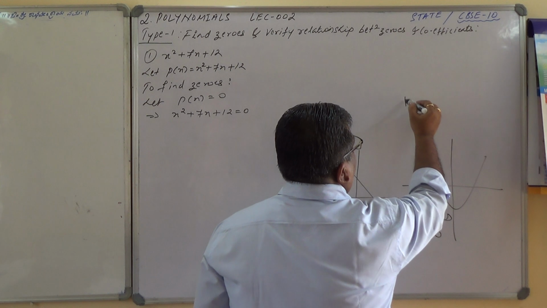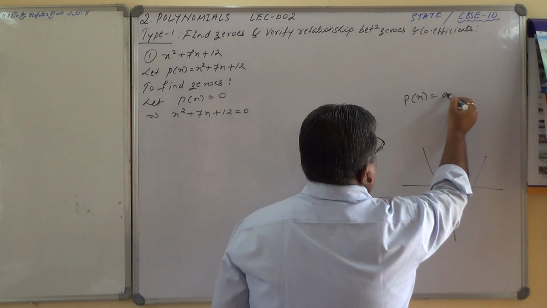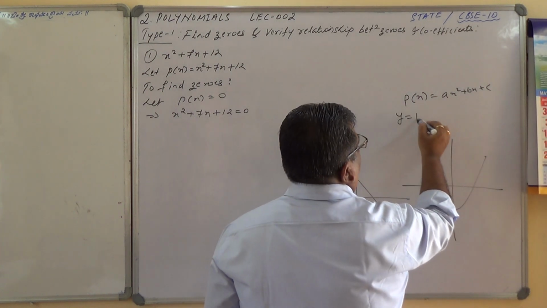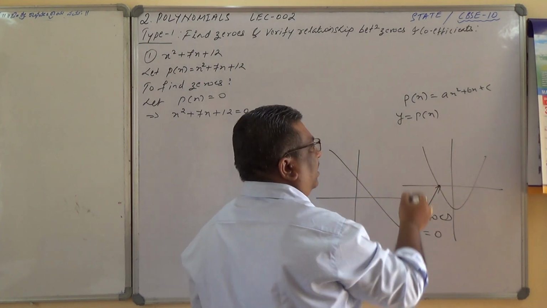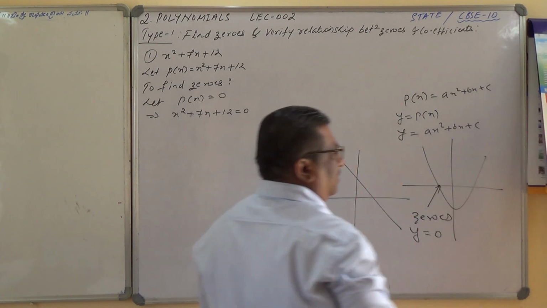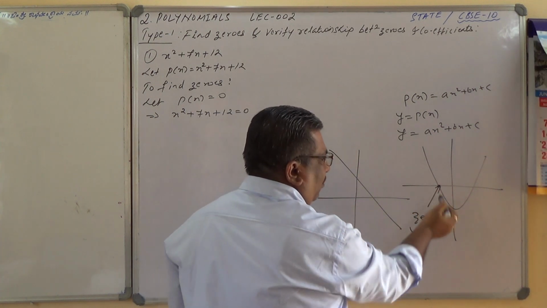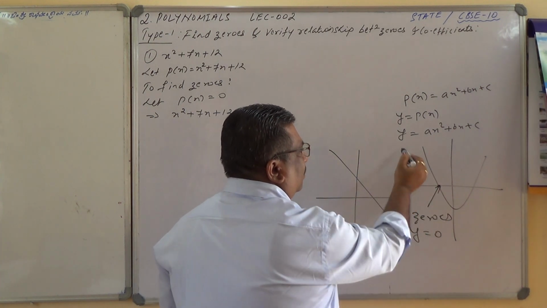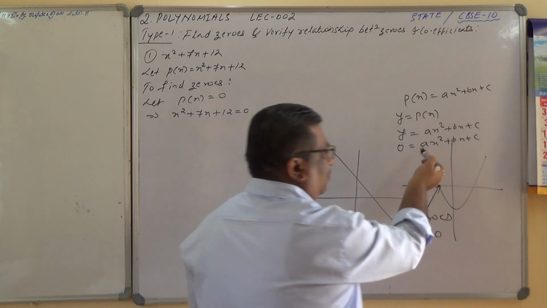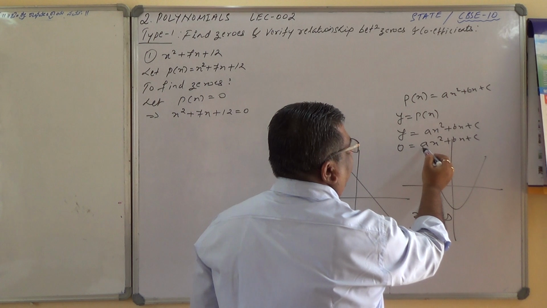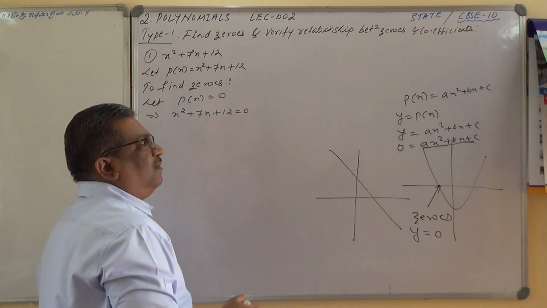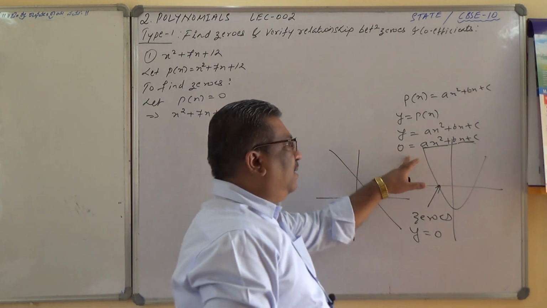Many times we consider p of x equal to, for example, ax square plus bx plus c. Then let y equal p of x be the graph, which implies y equals ax square plus bx plus c. At these coordinates, y is 0. So if I subject it to 0, then ax square plus bx plus c equals 0. Then I will be able to find the coordinates of x by splitting the middle term. So what I mean to tell you here is, it is most important.